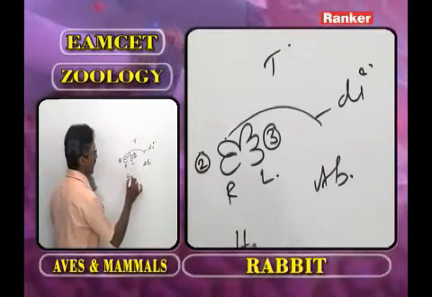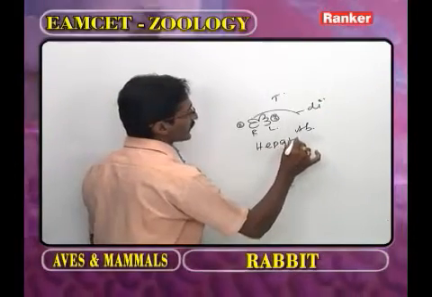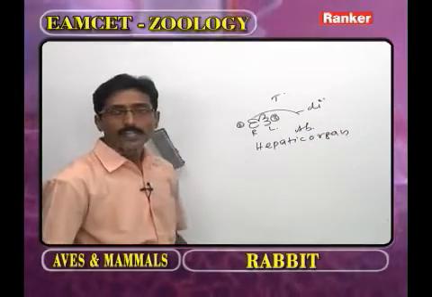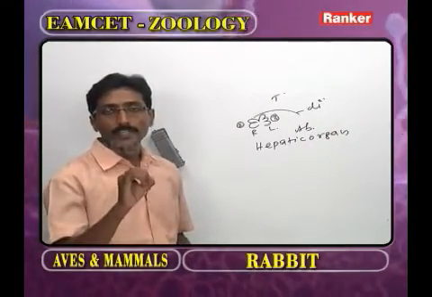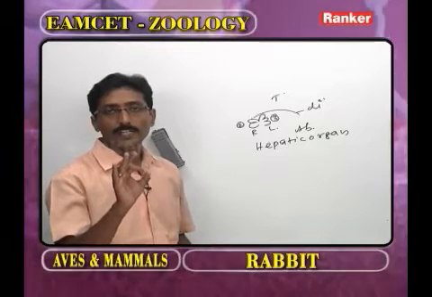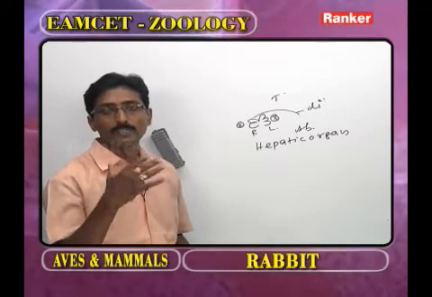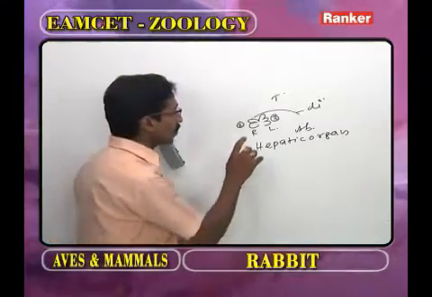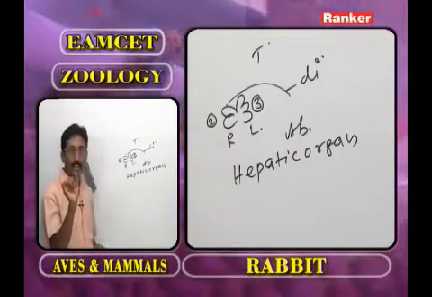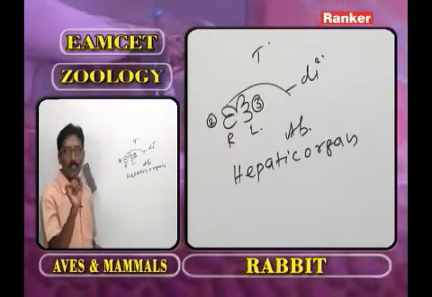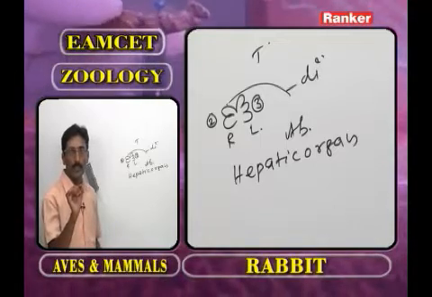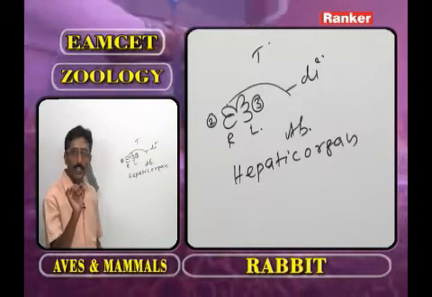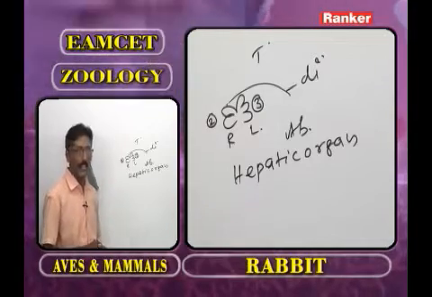The liver is also called hepatic organ. Now in all vertebrates, what are the vertebrates? Pisces, amphibians, reptiles, aves, mammals including the man. In all vertebrates, only the liver has the limited power of regeneration. Suppose if a part of liver is cut off, again it is regenerated.